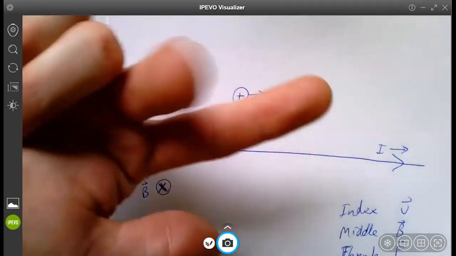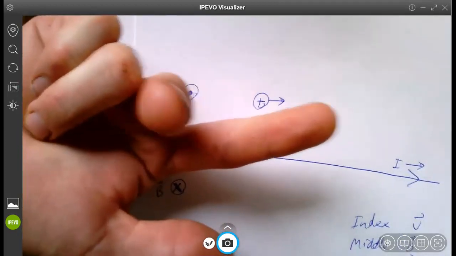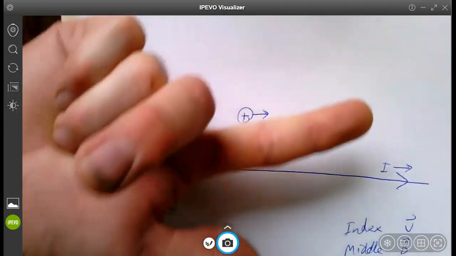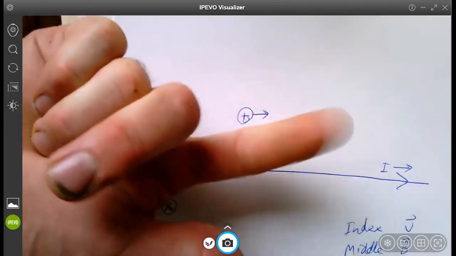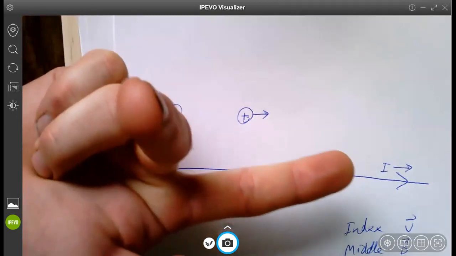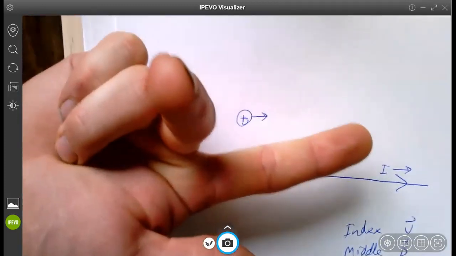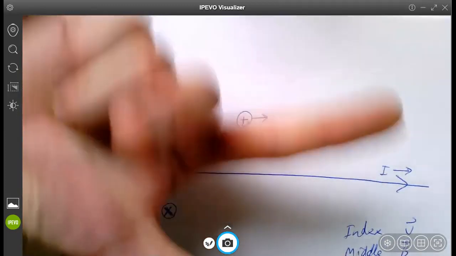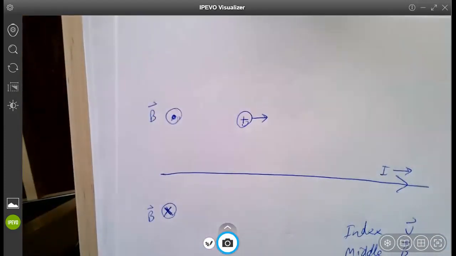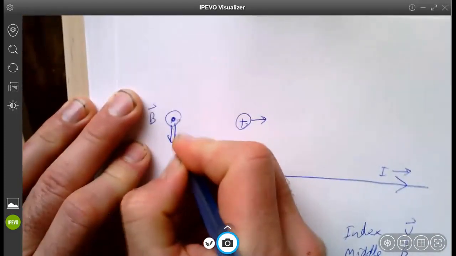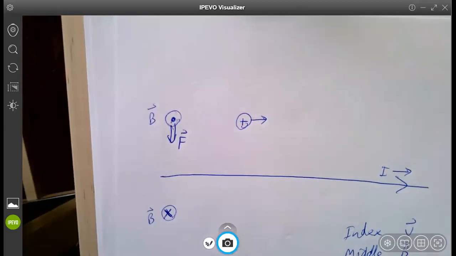I'm going to stand up so you can see. Here's my index finger, meaning velocity. Here's my middle finger, meaning the B field pointed out of the page. Therefore, the force is pointed towards the wire. So I'm going to write that the force is pointed towards the wire in this case.